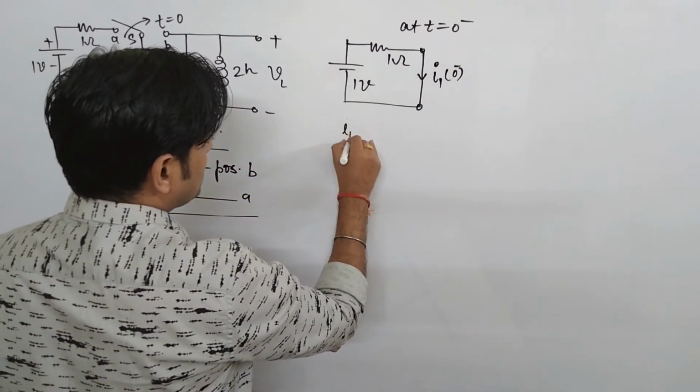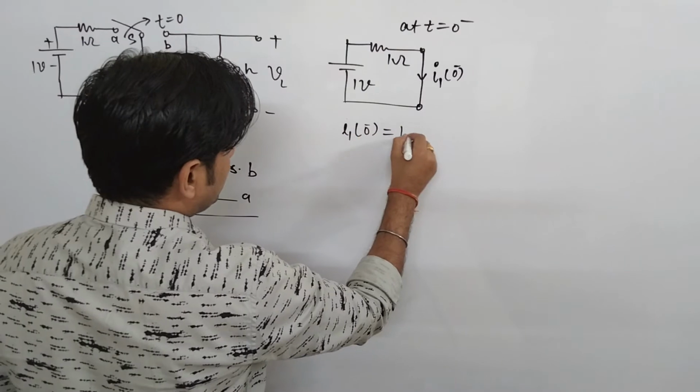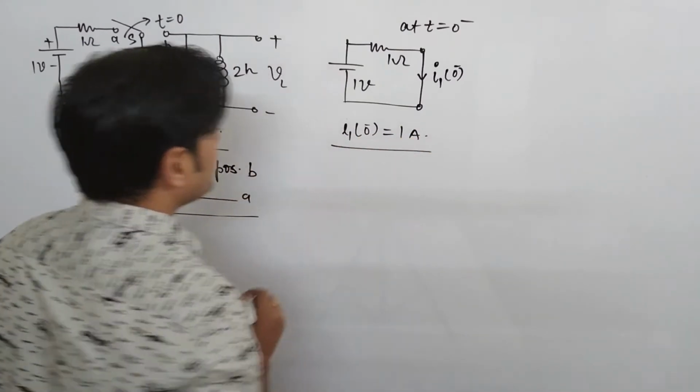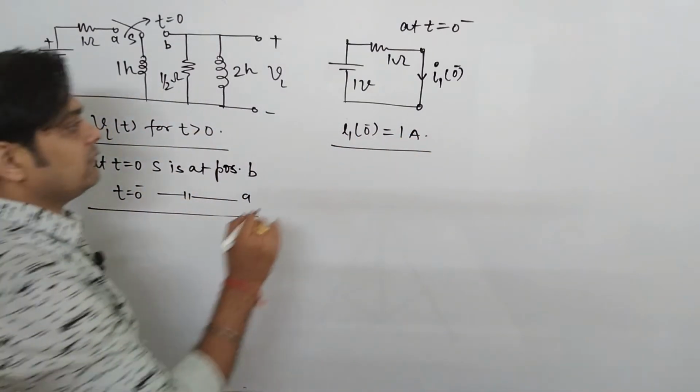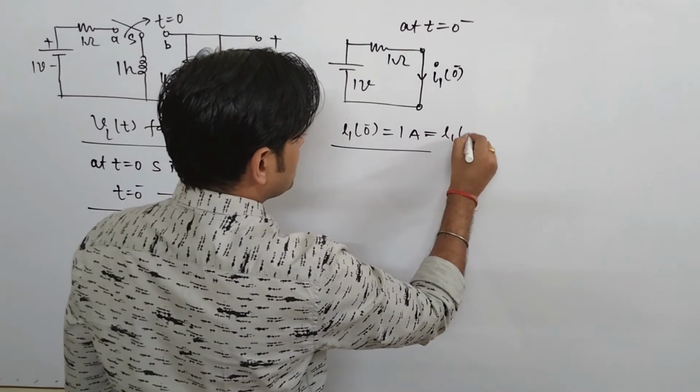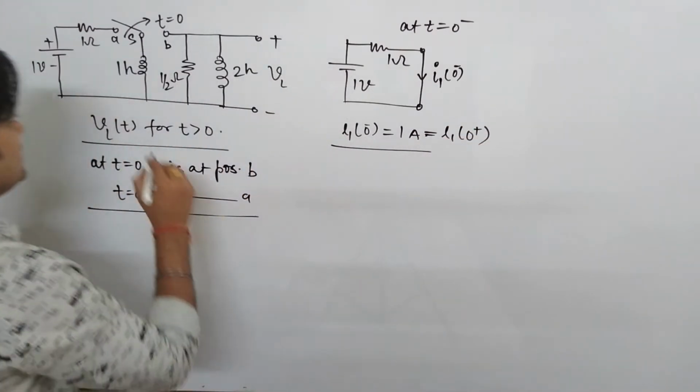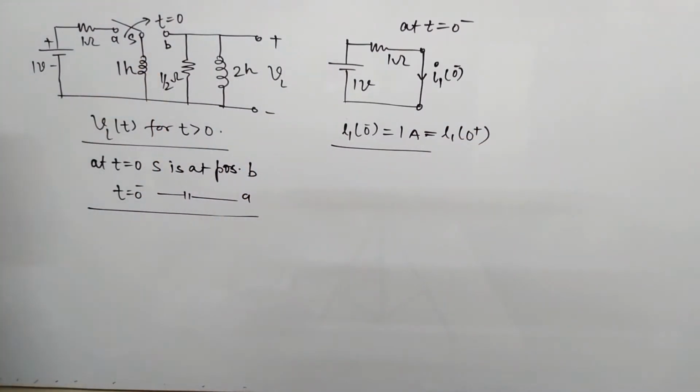You can say that the value of I1(0 negative) is 1 ampere, which means I1(0 positive) is also 1 ampere. It means initially this inductor is energized by a current of 1 ampere, but the other inductor is unenergized because there is no condition mentioned for this inductor.